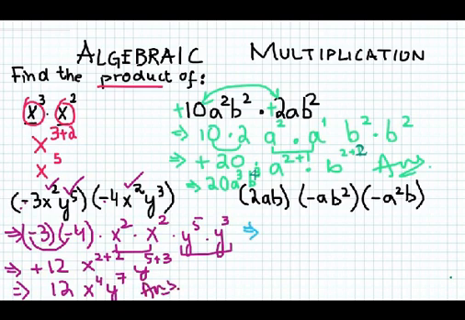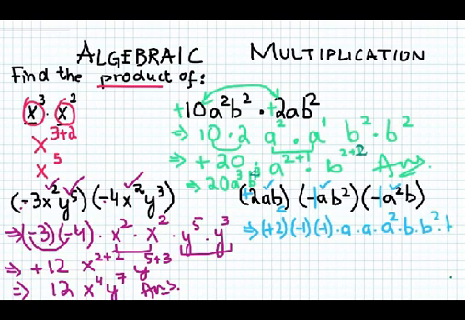Let's do this one. So we have here plus, and here we have minus 1 and minus 1. So plus 2, minus 1, minus 1, right? And then we have a and a squared. So writing the same variables together, a squared, then we have b squared b. Okay, so now let's solve it.